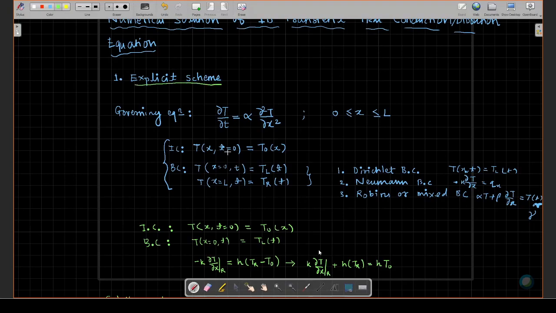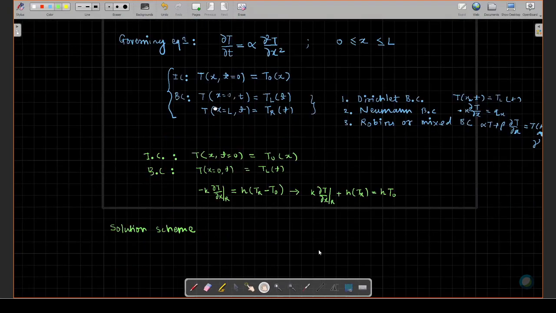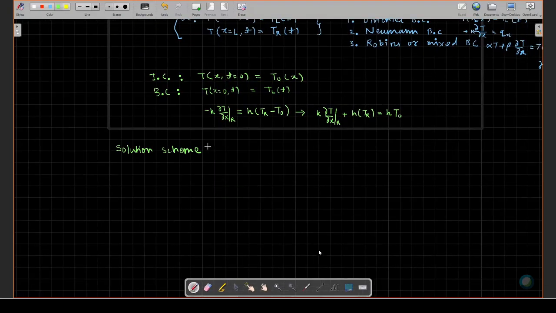So we'll try to choose a scheme which will be explicit in nature. So the solution scheme chosen is what is called forward in time and central in space.